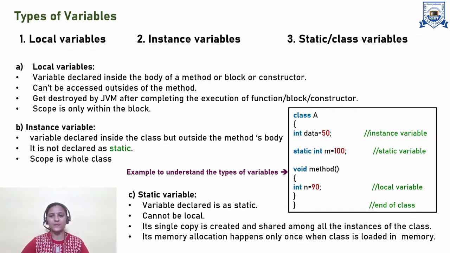It has all the properties of a static variable. And here the variable n is of integer type having the value 90. It is declared inside a method, so it is a local variable. So with the help of this example, we can understand the three types of variables.